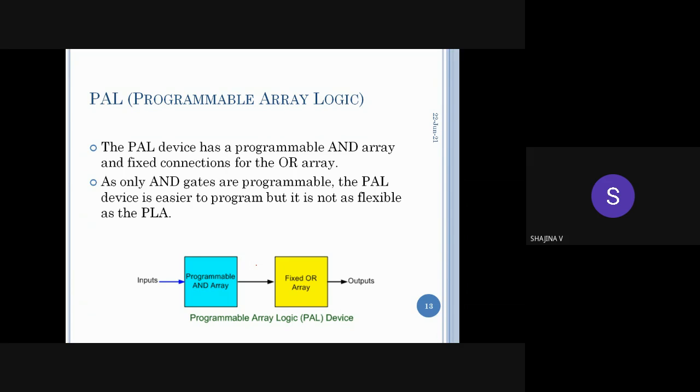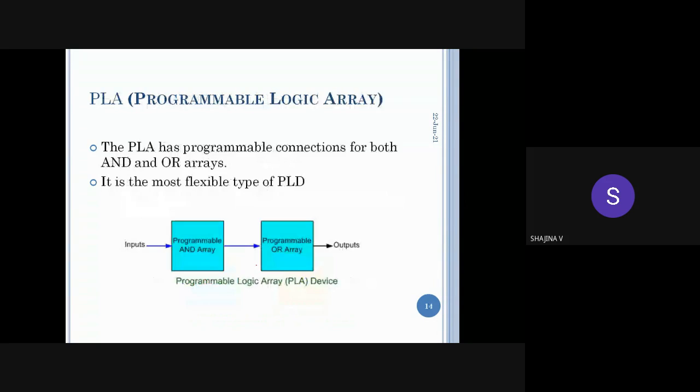Okay. But OR array is fixed. So according to the connections already given in the OR array, we have to program AND array to implement our Boolean function. Okay.